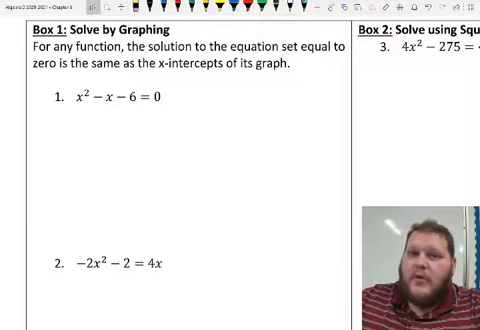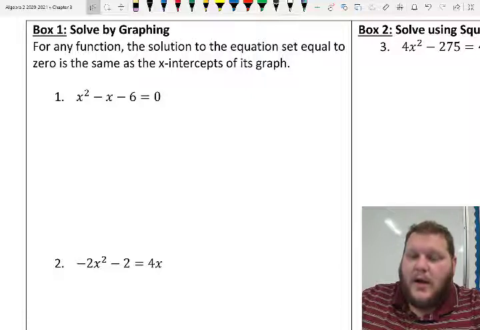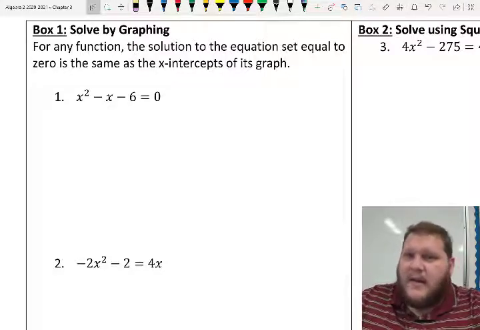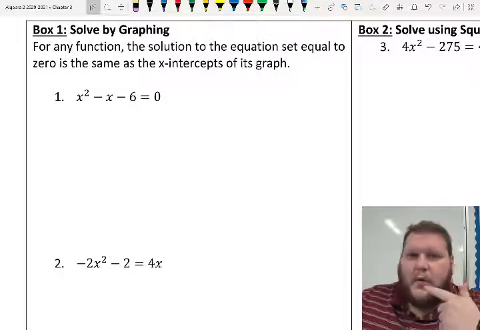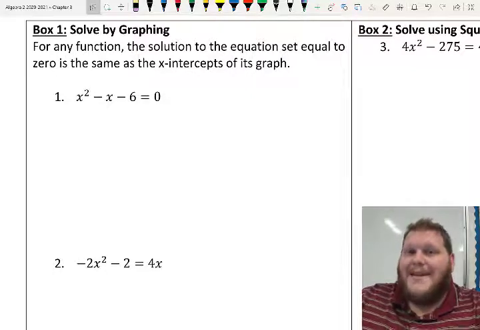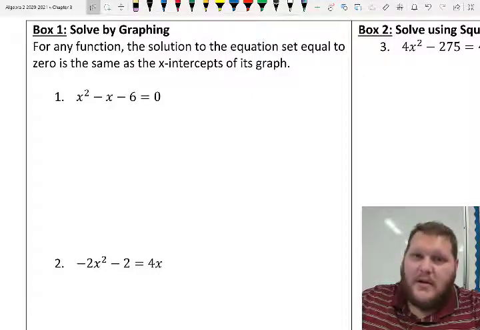Remember, we would get our quadratic equation set equal to 0, and then graph whatever is on the other side, which you could do by hand using any of the methods we looked at last chapter, whether that's standard form, vertex form, or intercept form. The x-intercepts of that graph are the solutions to this equation.